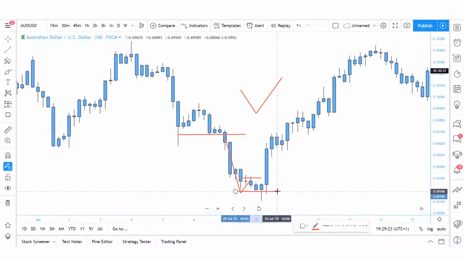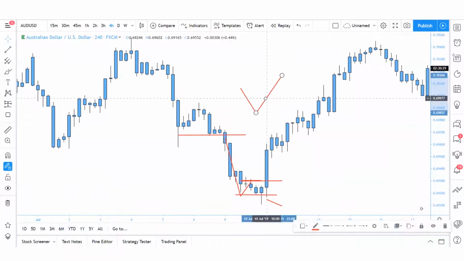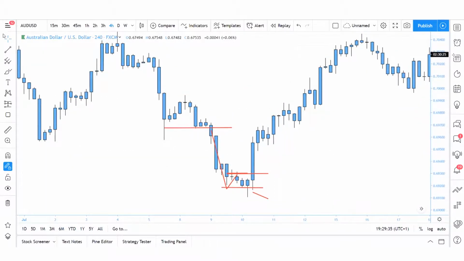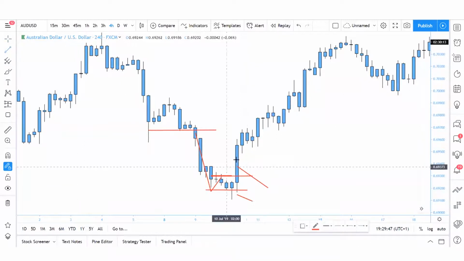Then price attempts to push down and fails to push down. So then the market moves into a state of almost confusion, looking for now a continuation or a reversal. And then the market pushed to the upside, indicating bullish pressure. Correct.